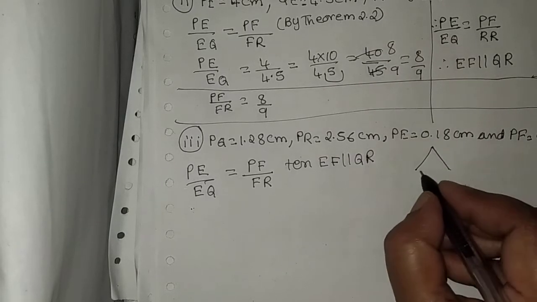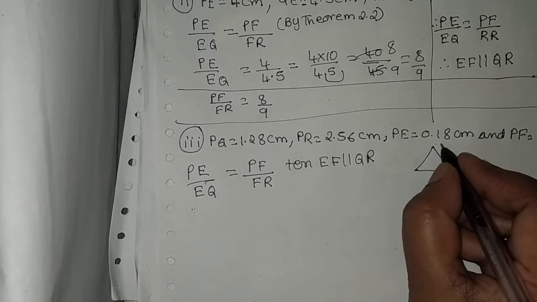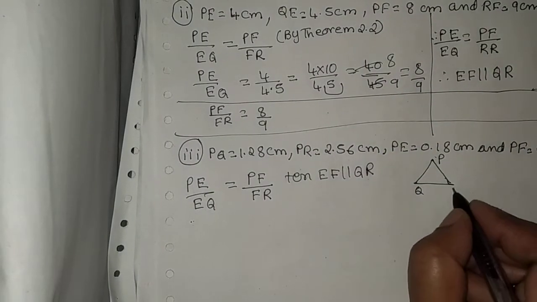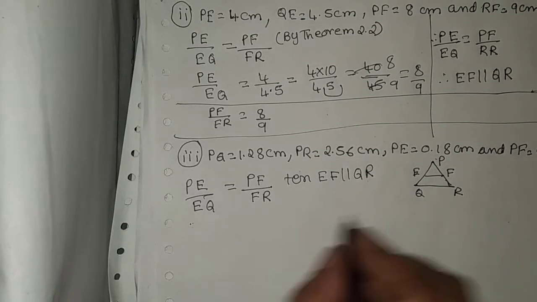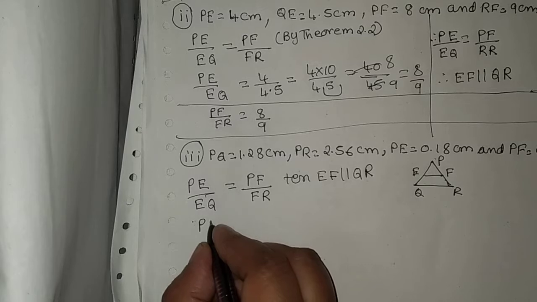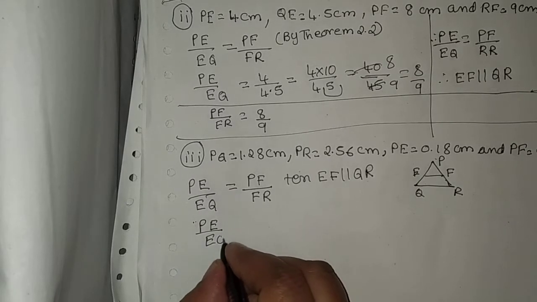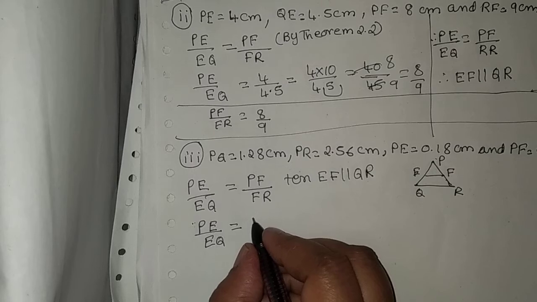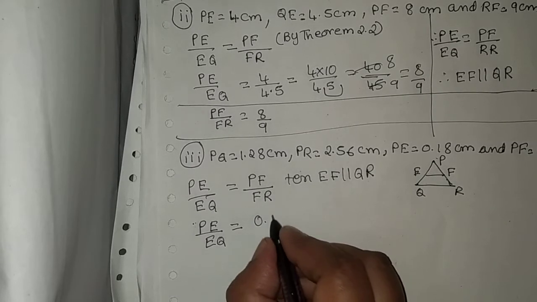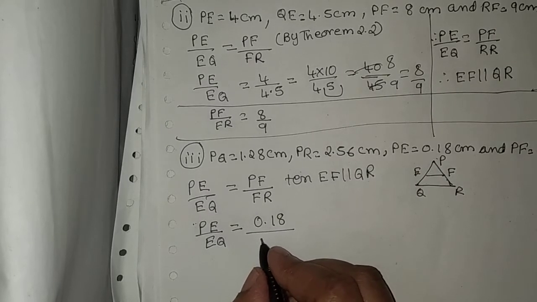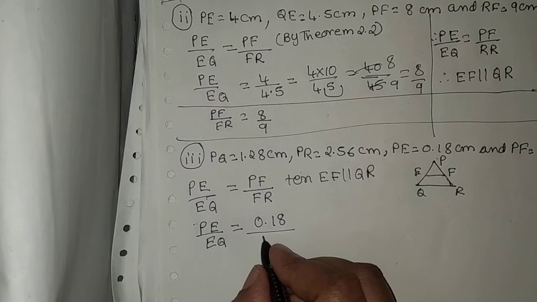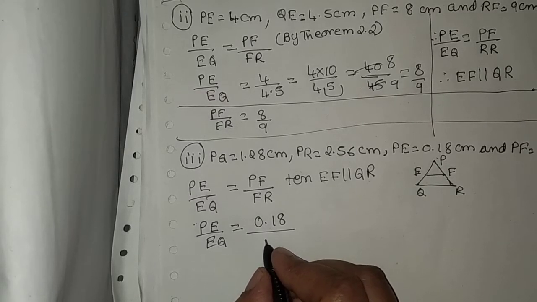This is the triangle PQR, and this is the line drawn EF. We'll see next. PE by EQ equal to PE is 0.18 by EQ.